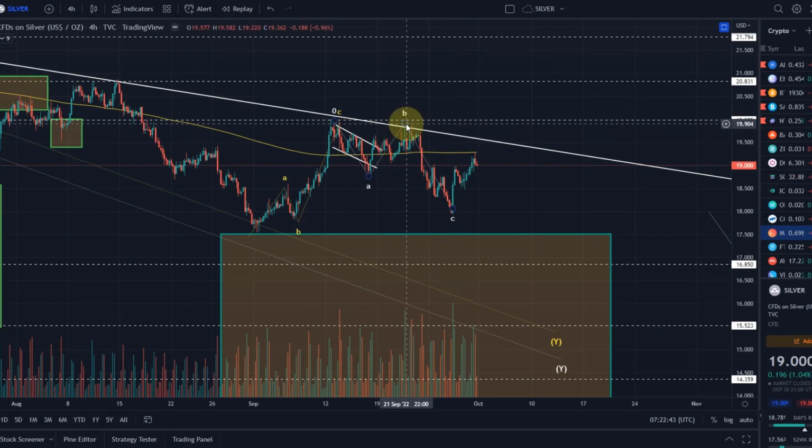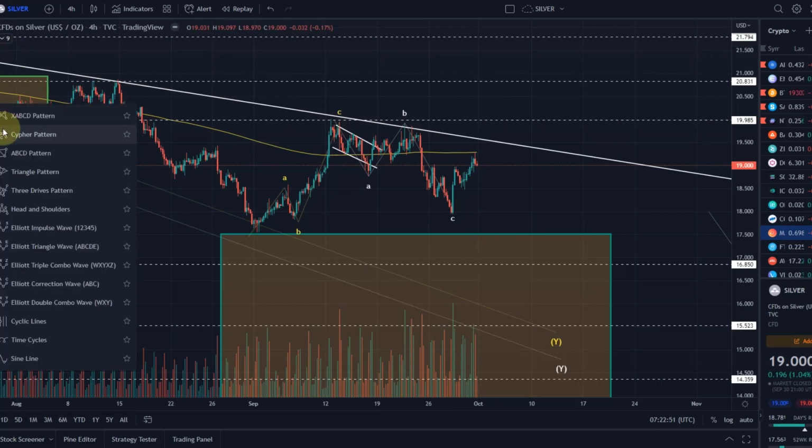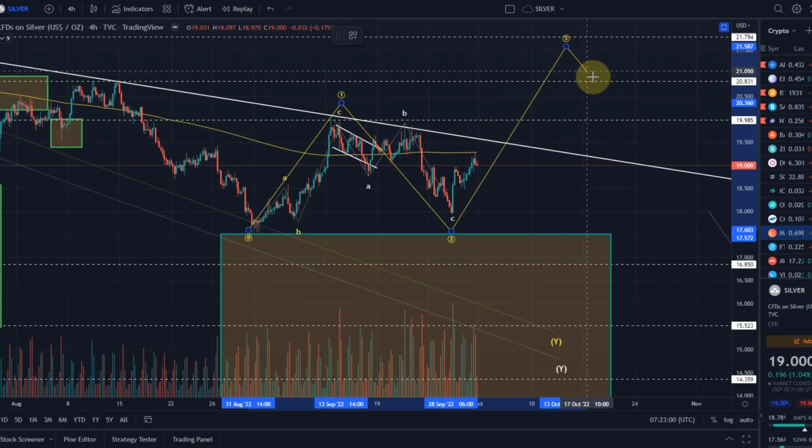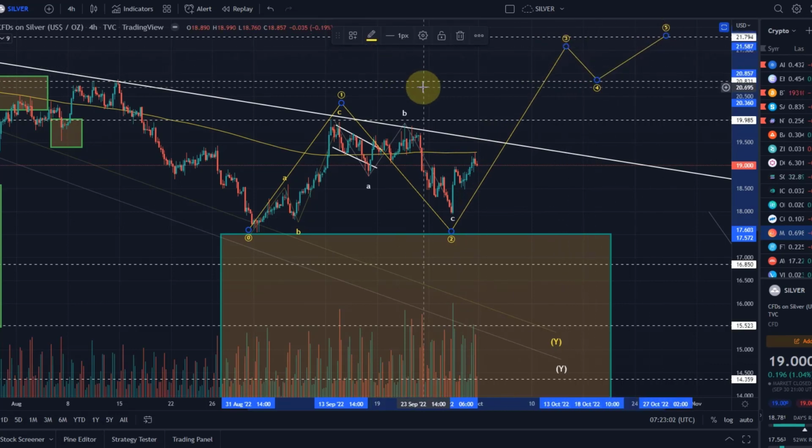And the wave B is basically retracing quite strongly, so we've got basically this flat pattern. In a flat pattern, you're always retracing more with the wave B than in a zigzag. So I would have to count this as a 1, this as a 2, and then in the next move we would need to break through the $20 level and move up in a wave 3.